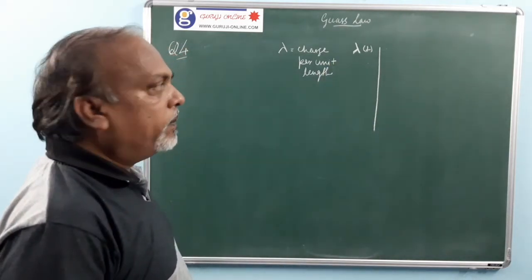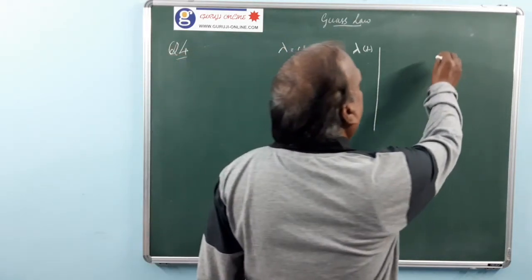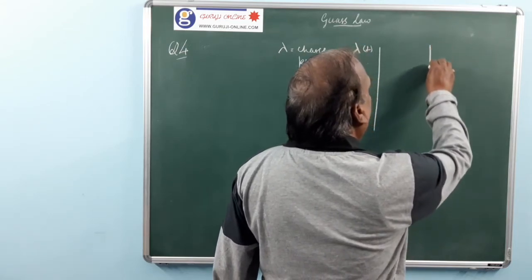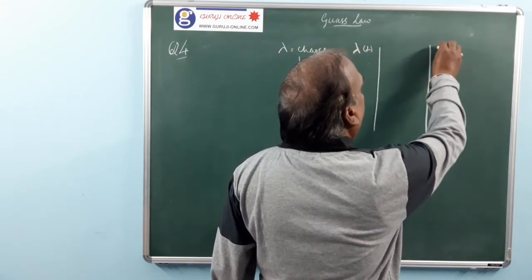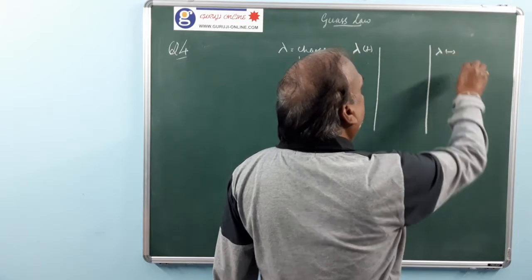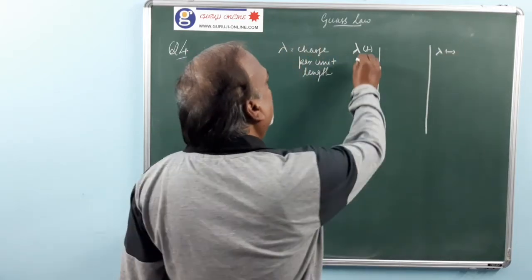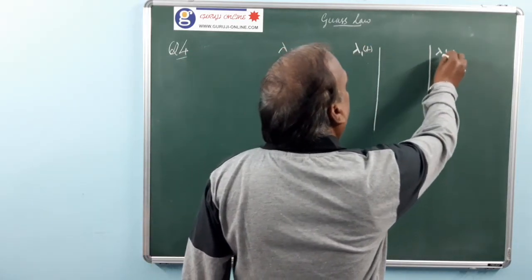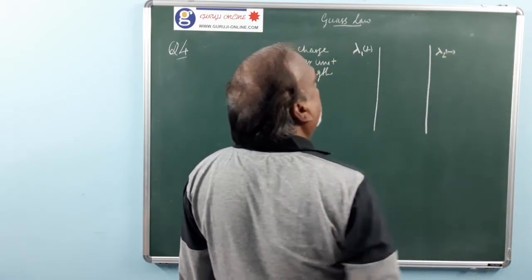Correct? You have another wire. Here it is minus, it is lambda 1, it is lambda 2.